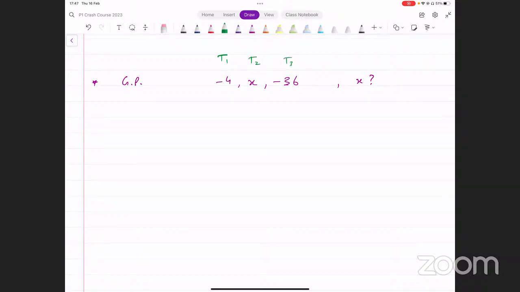All right, -4, x and minus 36. What we can do is, since it's a geometric progression, that means the ratio of the consecutive terms should be equal. So if I were to do T2 divided by T1, which would be x over minus 4 in this case, next term divided by the previous term, that should equal T3 divided by T2, which is minus 36 divided by x.